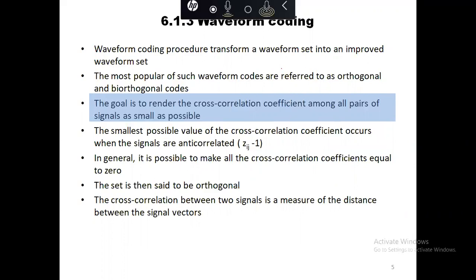So we have the orthogonal and bi-orthogonal arrays. We want to minimize the cross correlation coefficient between the symbols of the M-ary symbol set, and the minimum possible value is -1.